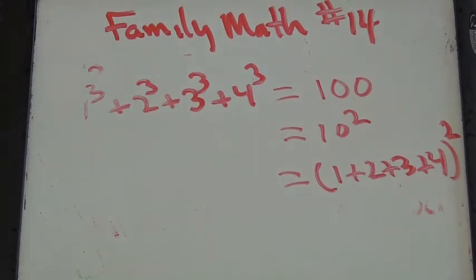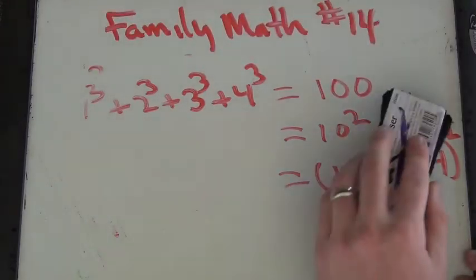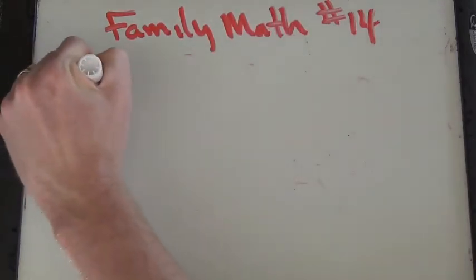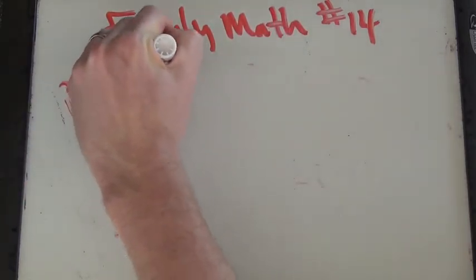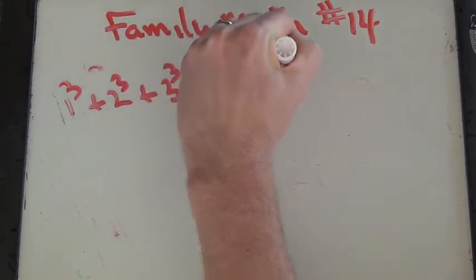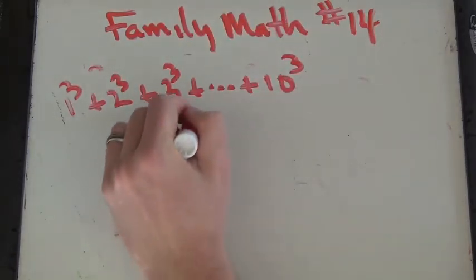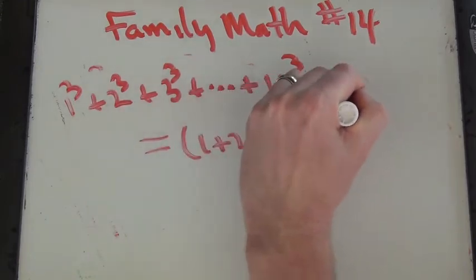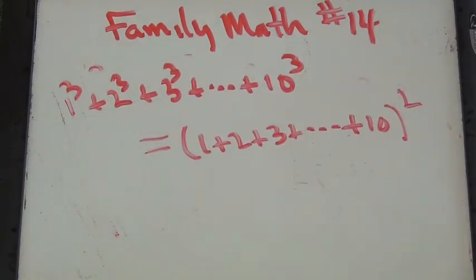And it turns out that this is true for any integer, if you start at 1 and count up to that number. So in other words, 1 cubed plus 2 cubed plus 3 cubed up to 10 cubed would equal 1 plus 2 plus 3 up to 10, squared. Okay? So that's pretty amazing.